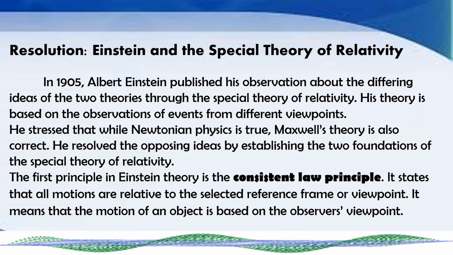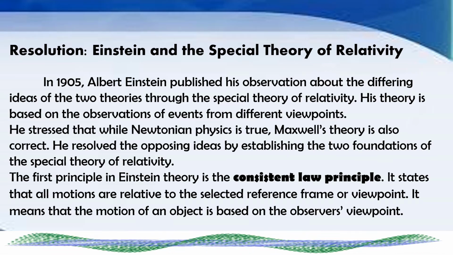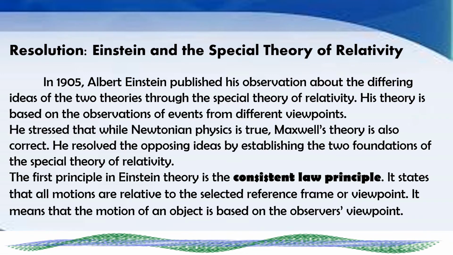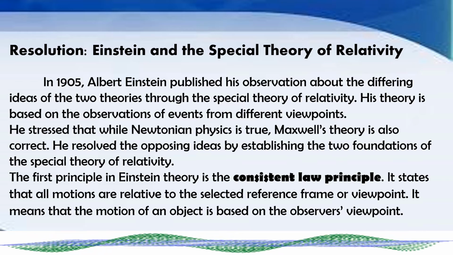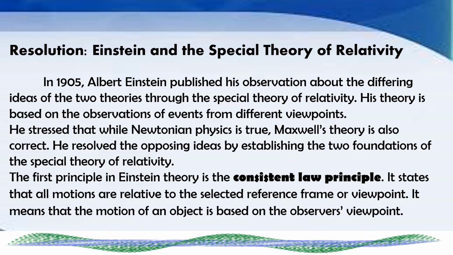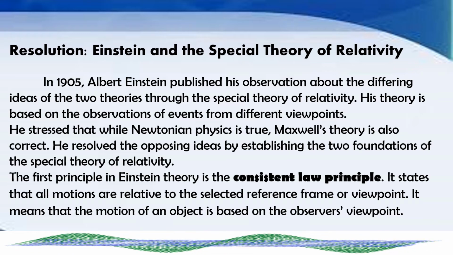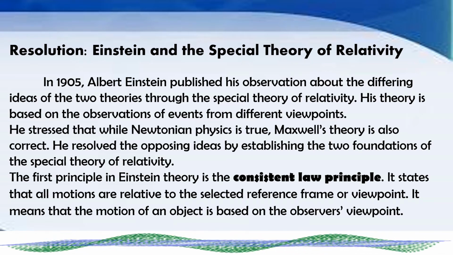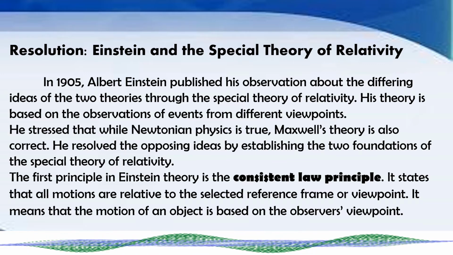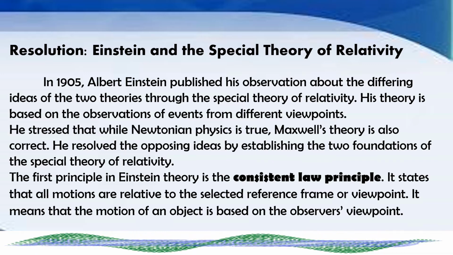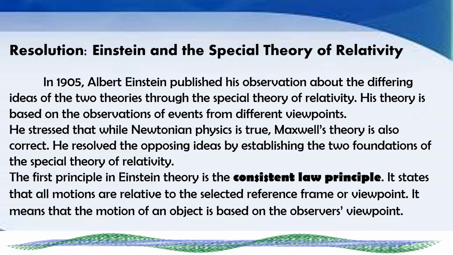He stressed that while Newtonian physics is true, Maxwell's theory is also correct. He resolved the opposing ideas by establishing the two foundations of the special theory of relativity. The first principle of Einstein's theory is the consistent law principle.